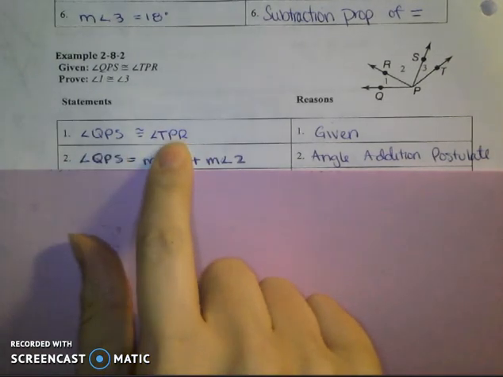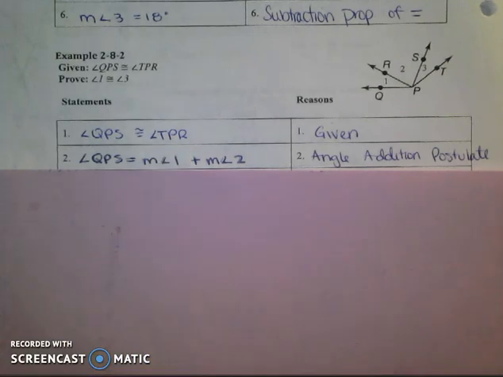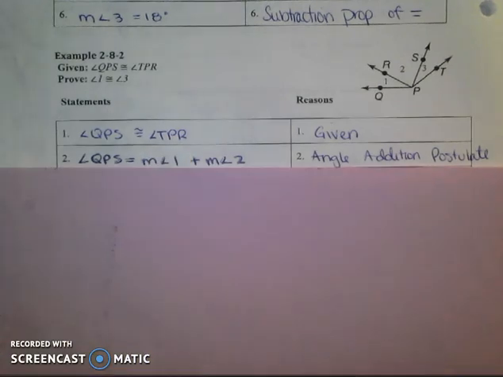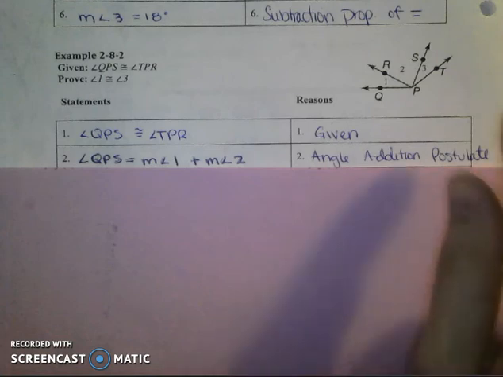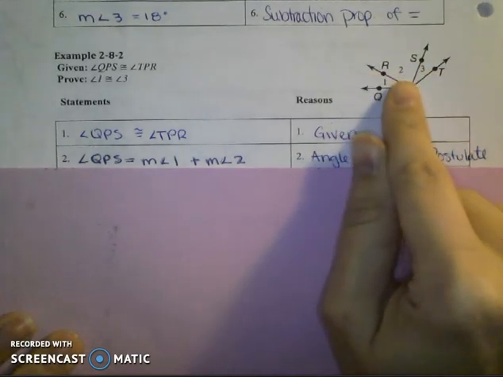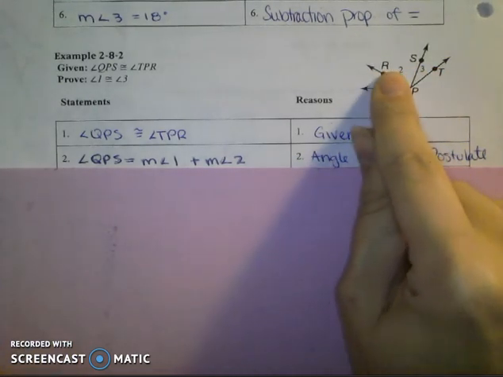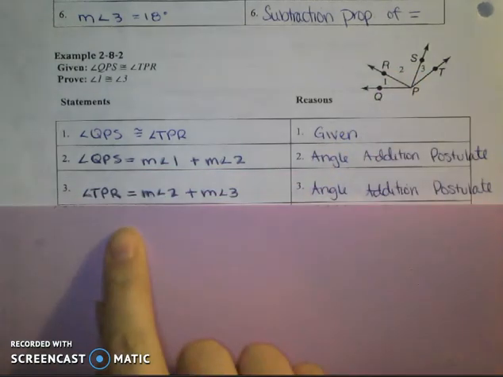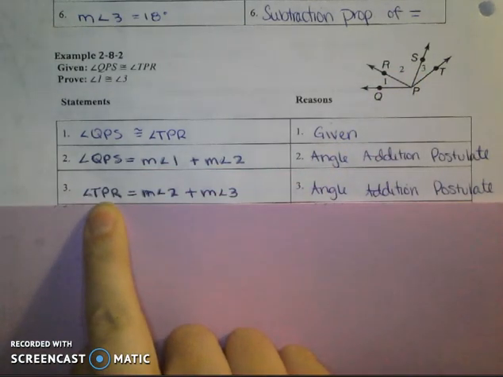And then we'll talk about TPR as well in just a little bit. I split up my angle addition postulate. So TPR, let's talk about what plus what equals that. So that's going to be 2 and 3 are going to give you the TPR.